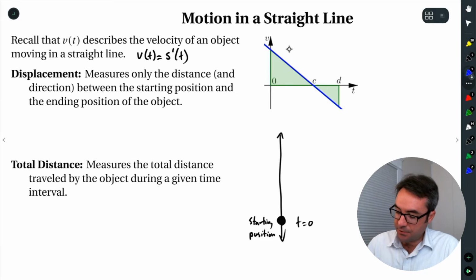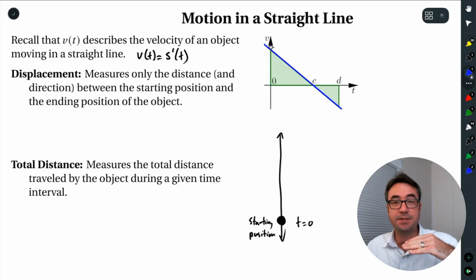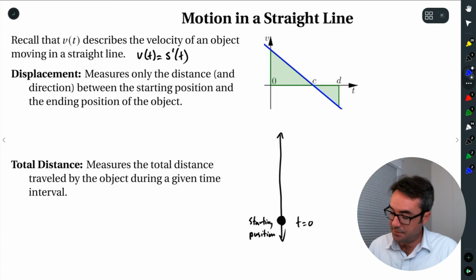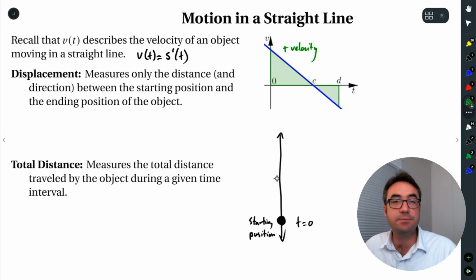From 0 to c, during this time interval, the velocity is positive. The graph of the velocity is above the horizontal axis, so that means it's a positive velocity, which means our object is moving in the positive direction.